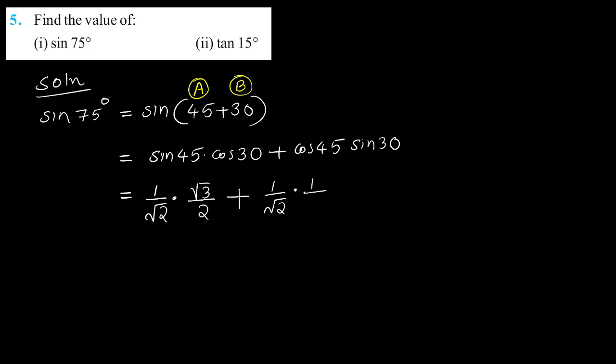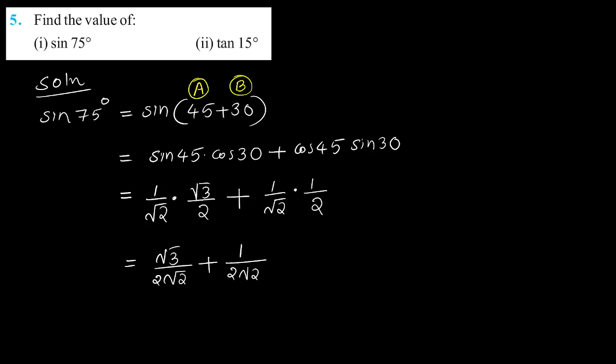Sin 30 is 1 by 2. 1 into root 3 is root 3. 2 into root 2. Here 1 into 1 is 1. 2 into root 2 is 2 root 2.